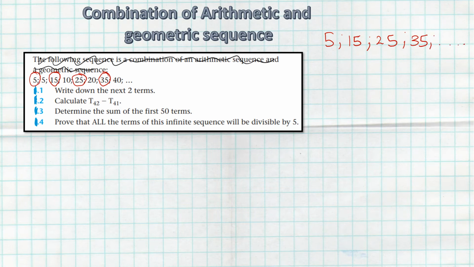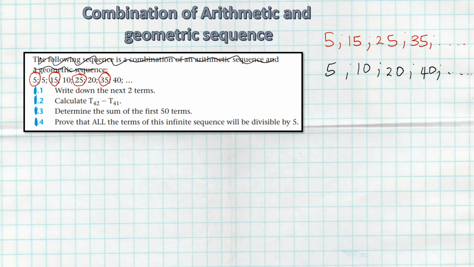Those in between that are not highlighted, also put them together as a sequence and check whether they form a certain sequence. After you have separated them like that, you can check which sequence each one is, then you can start answering the question.